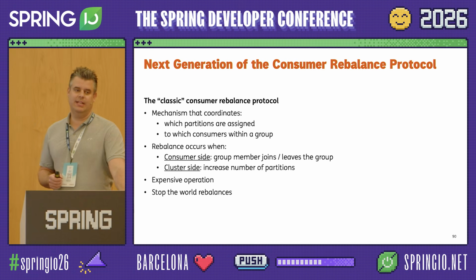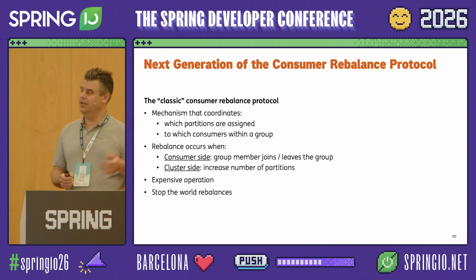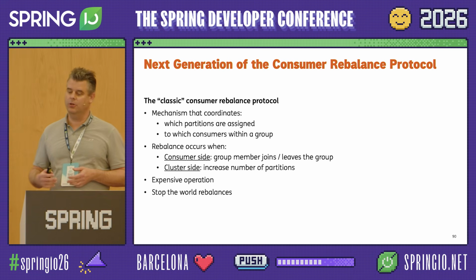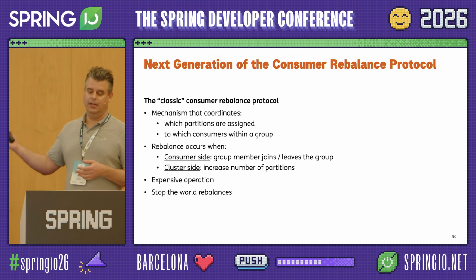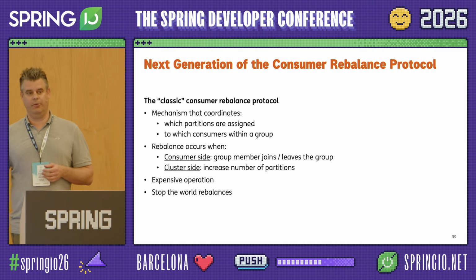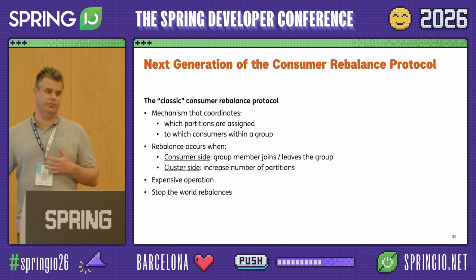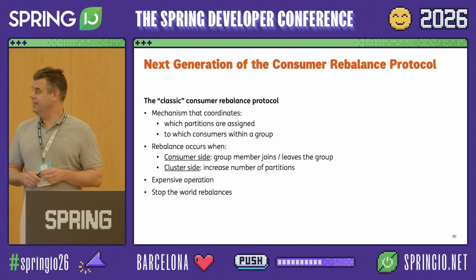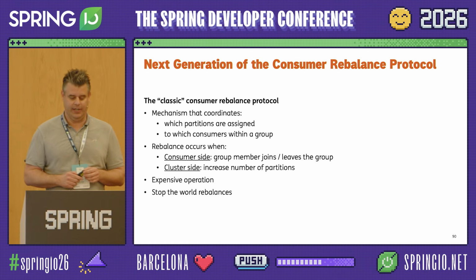And a rebalance happens when a consumer joins the group or leaves the group. This can be a crash, it can be a rolling deployment, or if there is something changing at the broker side. For example, if the number of partitions is changed, then those partitions are reassigned to the consumers in the group. And generally, this is a quite expensive operation in Kafka.